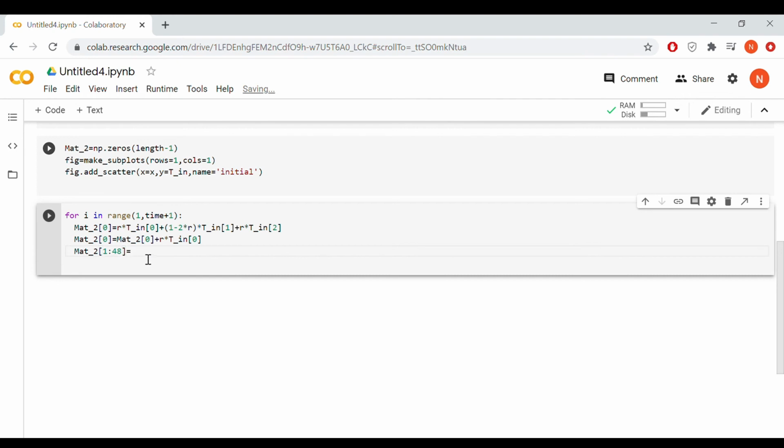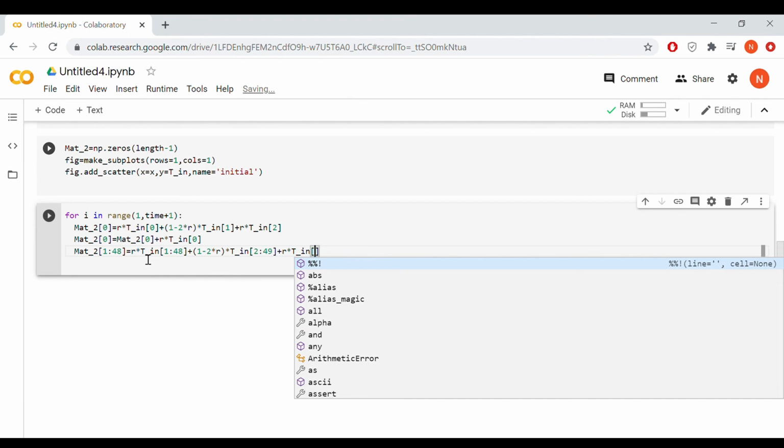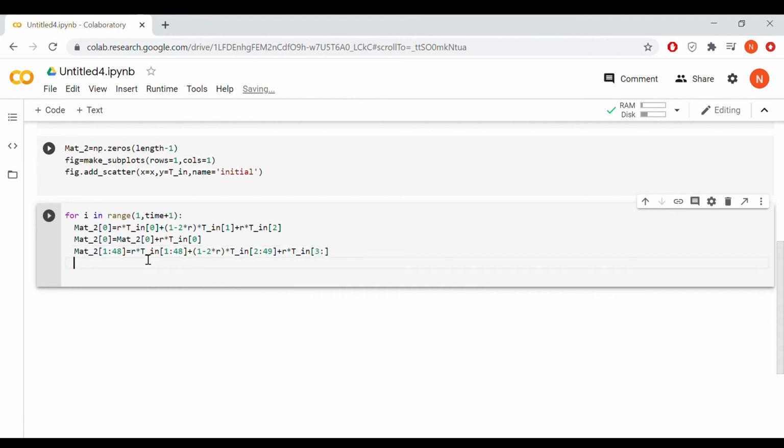We'll set that equal to r times t_n from 1 to 48 plus 1 minus 2 times r times t_n from 2 to 49 plus r times t_n from 3 onward.